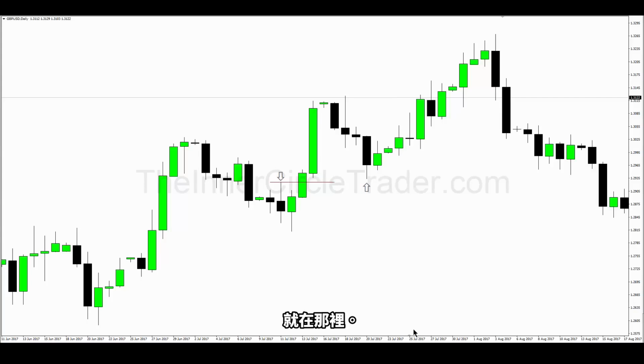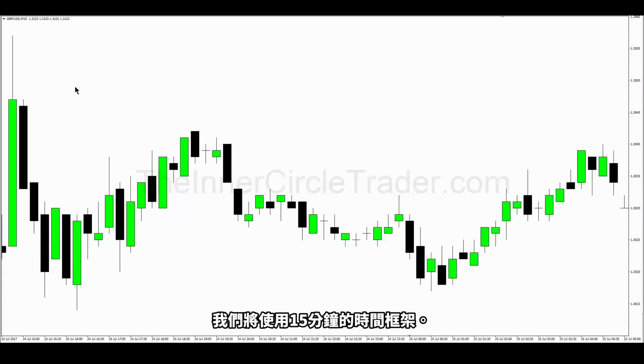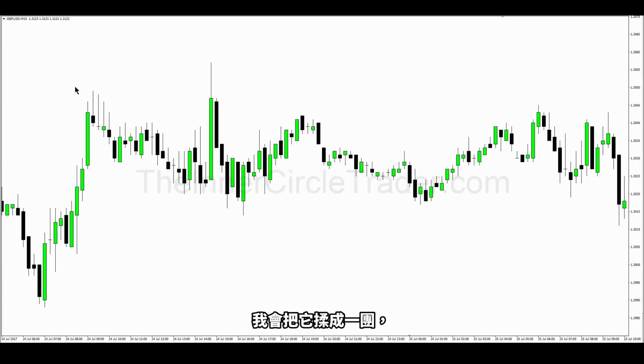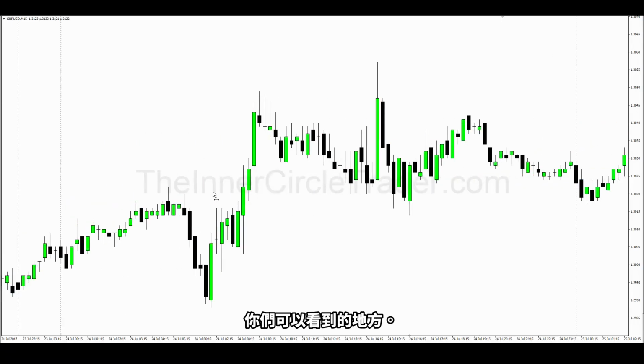Right there. Okay, and we're going to drop down into a smaller time frame. We'll use a 15-minute time frame. Okay, and I'll just scrunch this up, put the day dividers in so you guys can see it. So previous day's high is right here.